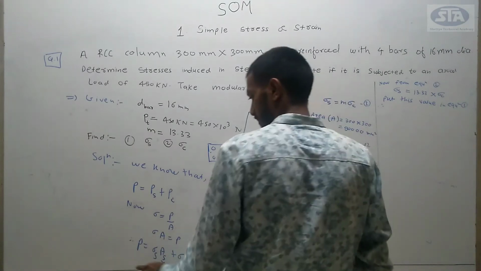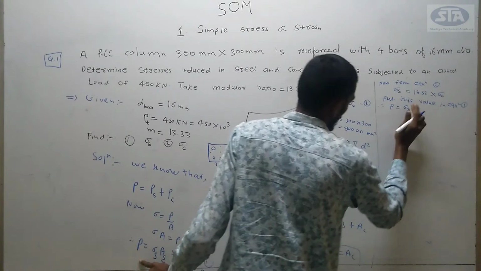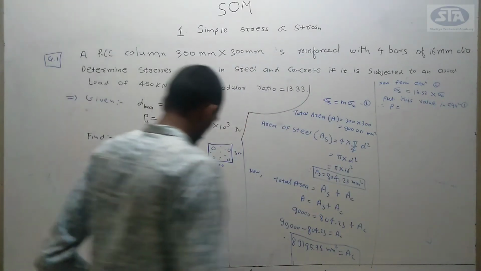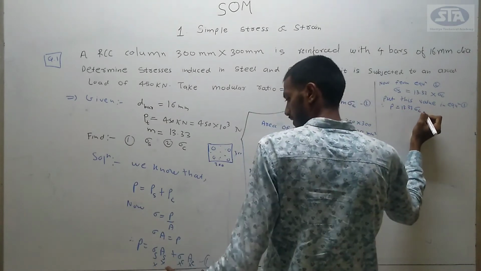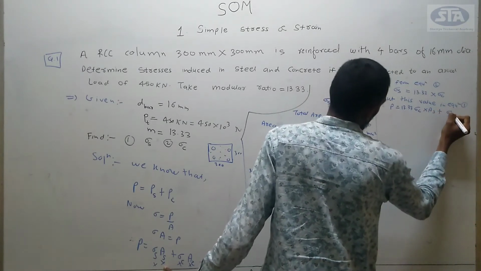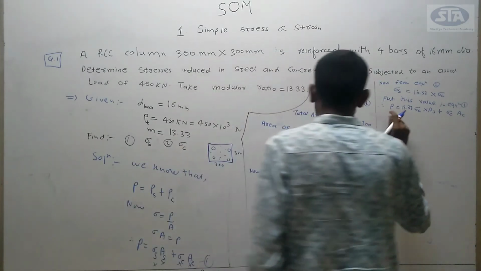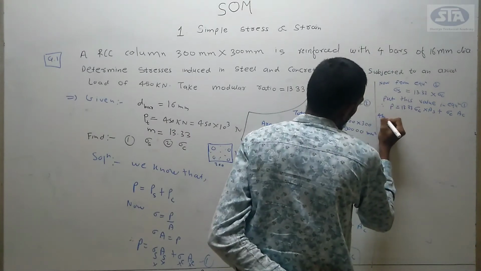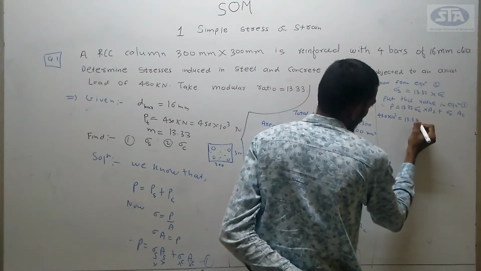Therefore, P is equal to 13.33 into sigma C into area of steel, plus sigma C into area of concrete. Now we know the value of P, which is 450 kilonewton, so we convert it to newton.